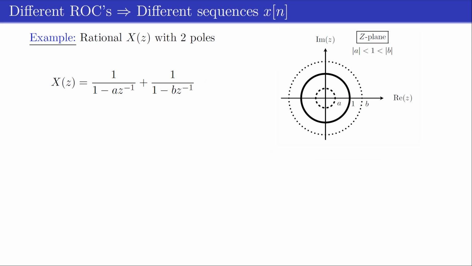From this last example, which is a rational function X(z) with two poles, one at z is a with an absolute value a smaller than 1, and the other z is b with an absolute value of b larger than 1, it can be shown that in this case the three different regions of convergence are related to three different sequences x[n].